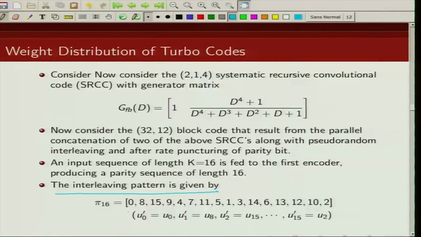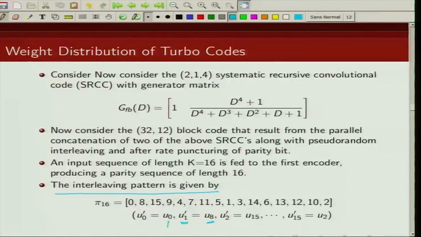You can see here, 0 means the first bit stays in the first position in the interleaved version, the second bit of the interleaved version belongs to the input u8, and like that.